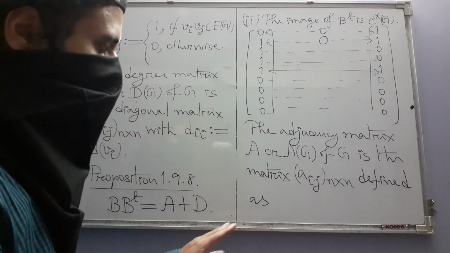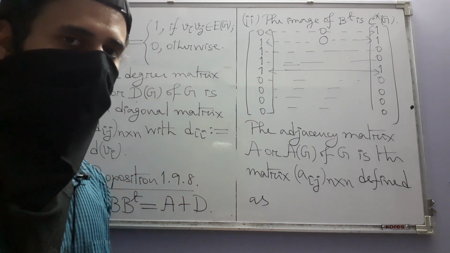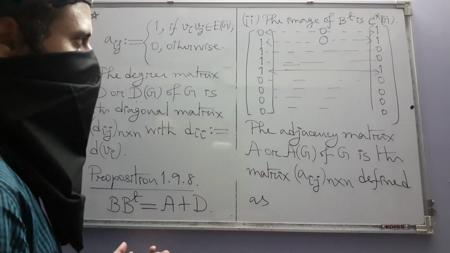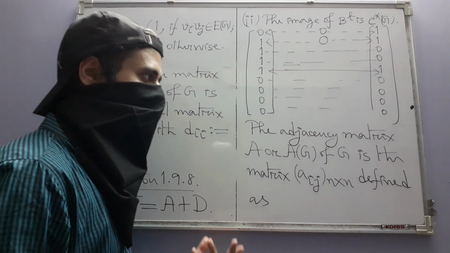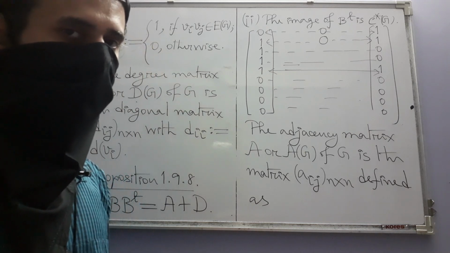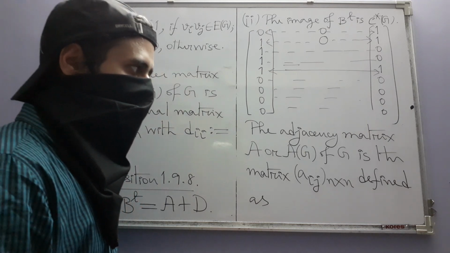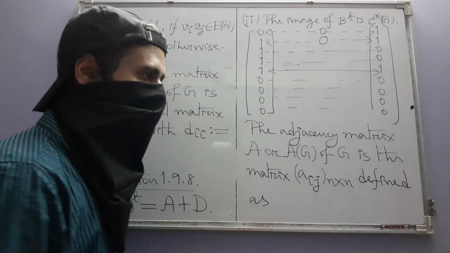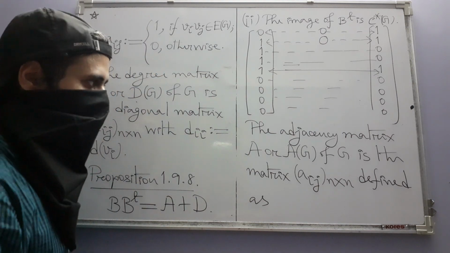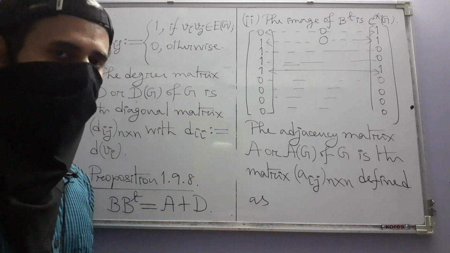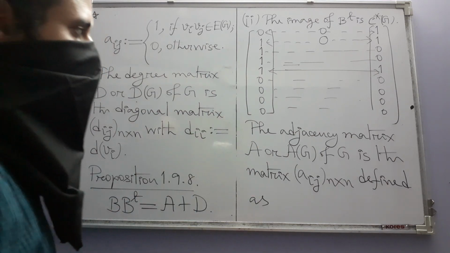Now these final results about this type of matrices, about their properties, are parts of algebraic graph theory, which itself is a very vast subject. And the actual elaborate proofs of these things can be found there.